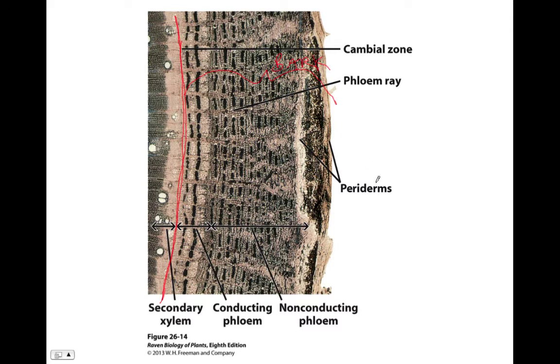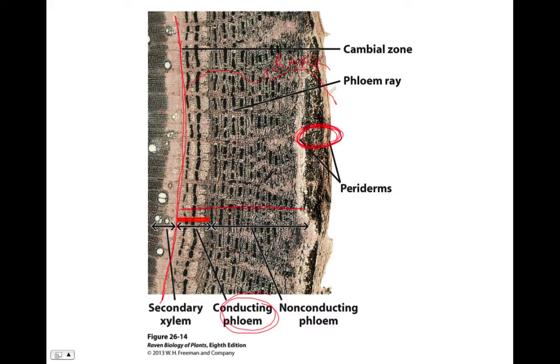So let's focus on the bark for just a moment. We have the peridermis, which is this outer region that has the cork cambium and the cork. And then we have our phloem. But notice that this phloem, only a small portion of the entire range of phloem is actually conducting.